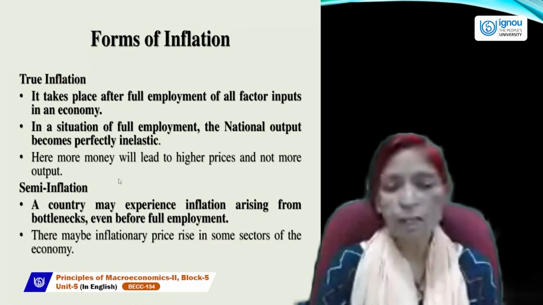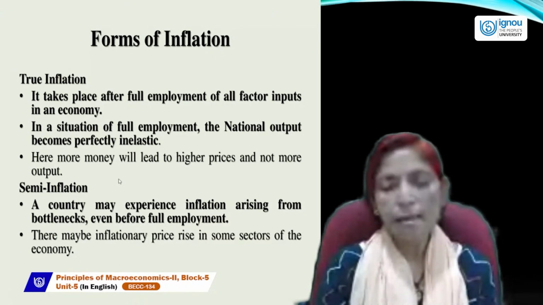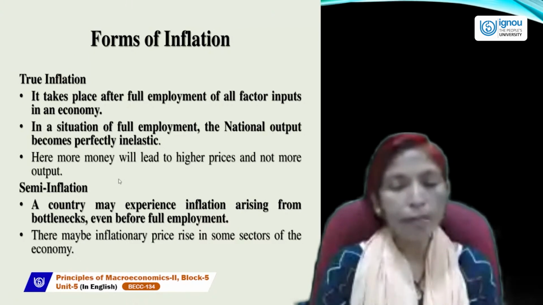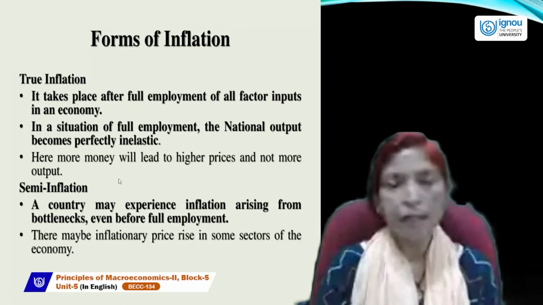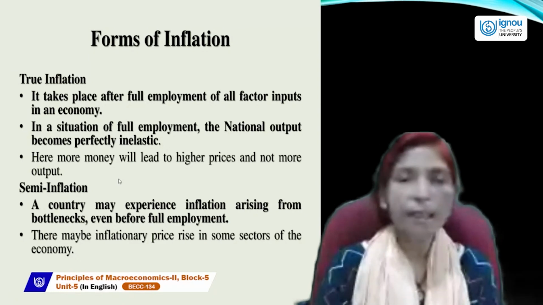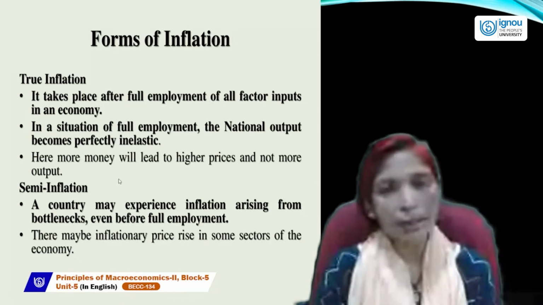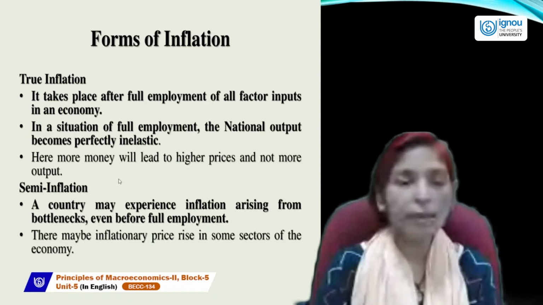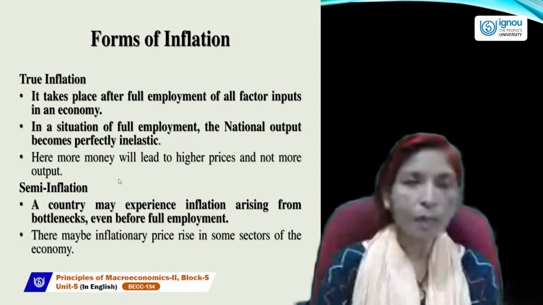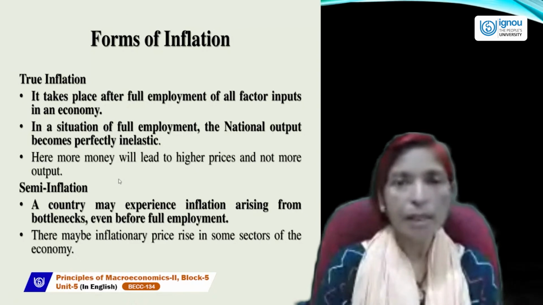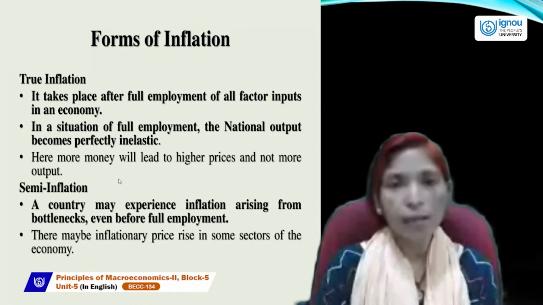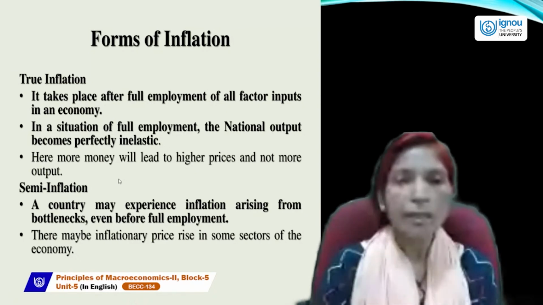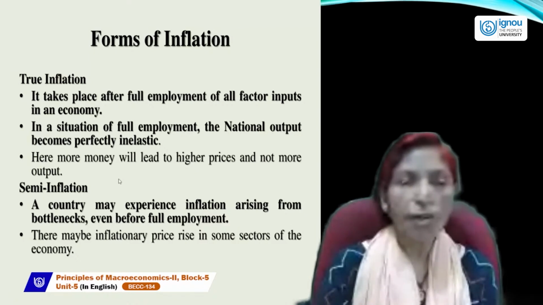There may be inflationary price rise in some sectors of the economy, like in the agriculture sector, or in the industrial sector or tertiary sector, before the full employment level.